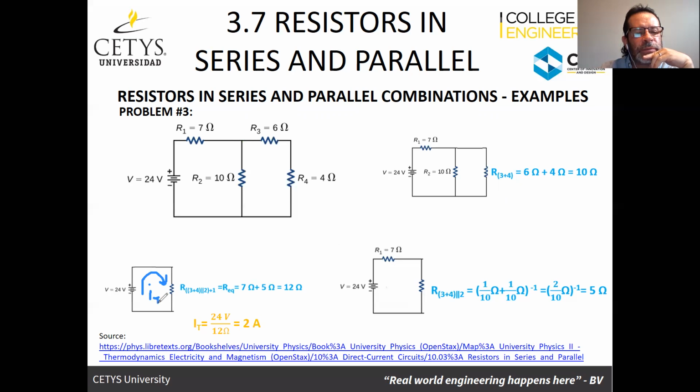The total current is equal to the total voltage, which is 24 volts, divided by the equivalent resistance, which is 12 ohms, and that gives us 2 amps. That's the total current we have in the circuit. Next up, if we go back, that total current is going to be here.